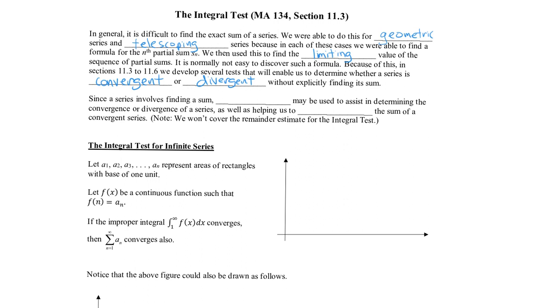Since a series involves finding a sum, integrals may be used to assist in determining the convergence or divergence of a series, as well as helping us to estimate the sum of a convergent series. There's a little note here: we're not going to cover the remainder estimate for the integral test. We're just going to use the integral test to determine whether a series converges or diverges.